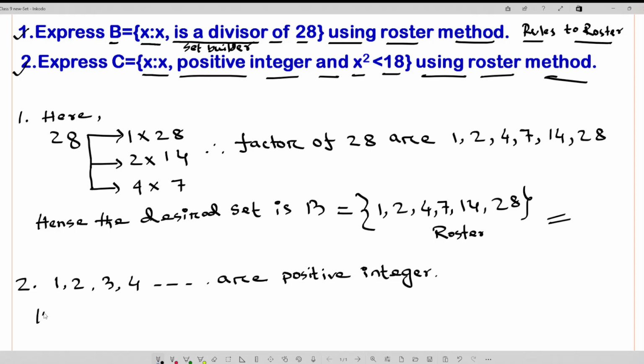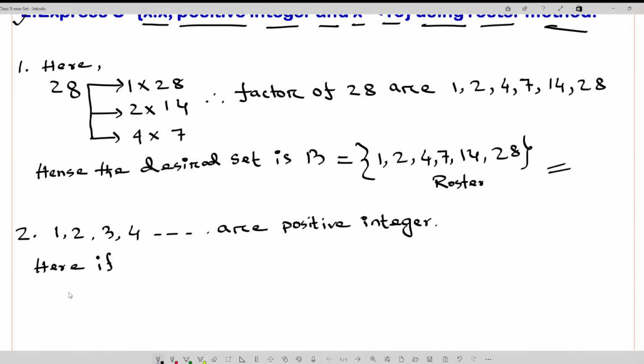So here, if x equals 1, then x squared equals 1 squared equals 1.